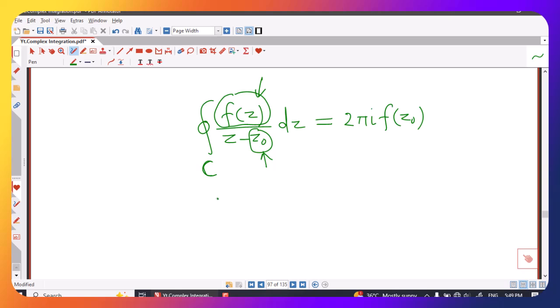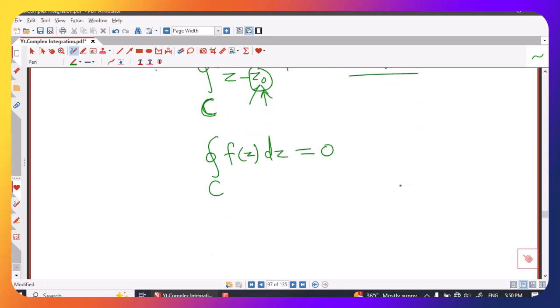Before this we have seen Cauchy-Goursat theorem, which says that if our function is analytic everywhere inside and on a simple closed contour, then our answer is 0. Suppose this z0 is outside this C, then this integral will become 0 by Cauchy-Goursat theorem, and this is integral Cauchy integral formula.